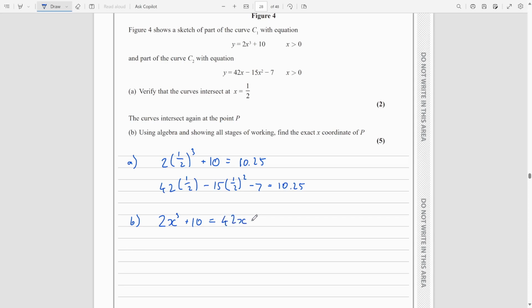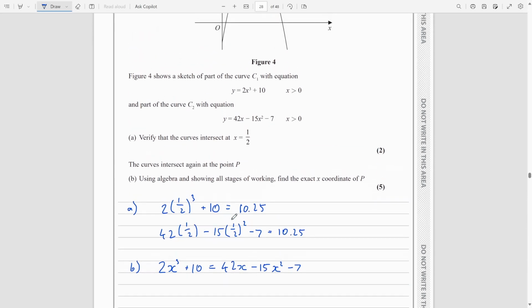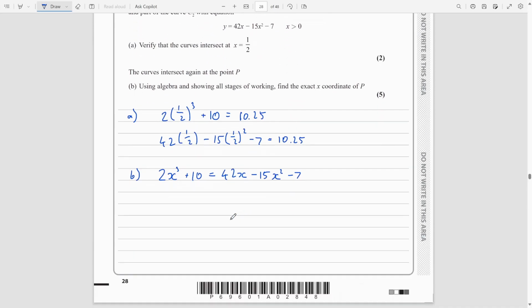So, since this is 5 marks, you're not really going to get any credit if you were to just stuff this cubic into your calculator and solve it. We really do need to show full working here. So you try to be guided by the marks available. So add 15x squared to both sides, subtract 42x from both sides, add 7 to both sides, and here's what we're trying to solve.